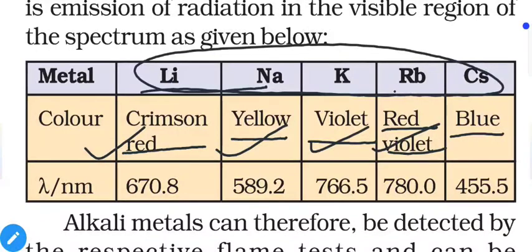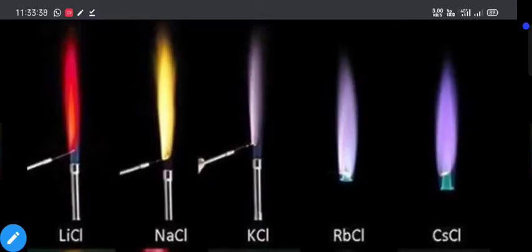That means if you have potassium, then it will burn with a violet color. Here we have an example of the flame test. As we can see, we have lithium, sodium, potassium, rubidium and cesium with their salts. These metals produce these different colors with the oxidizing flame.